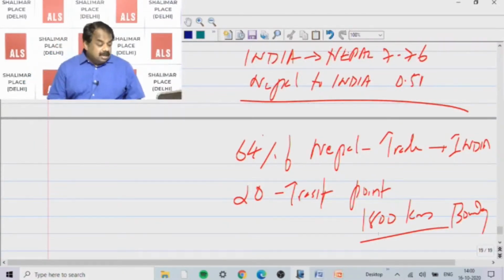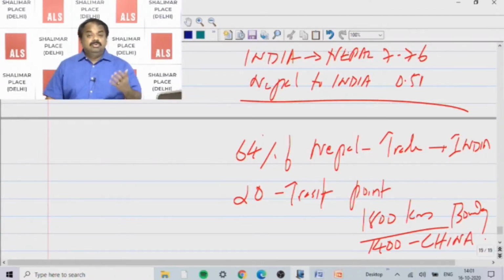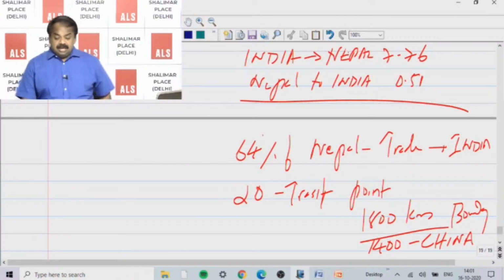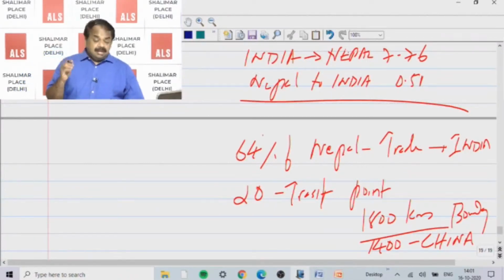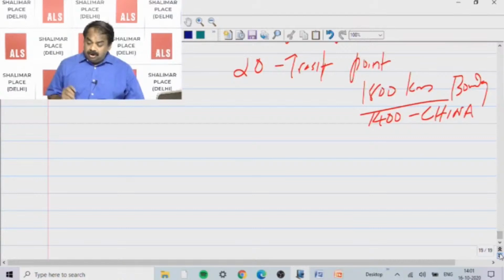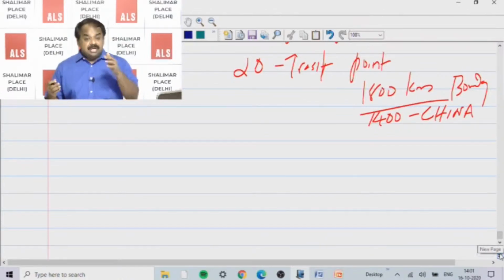Nepal shares 1400 kilometers with China, just for your information, and they have 2 transit points. And then almost 30% of all foreign direct investment in Nepal is from India.